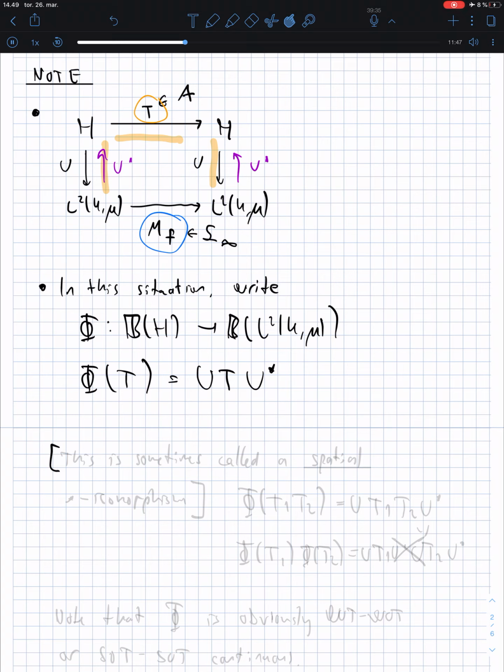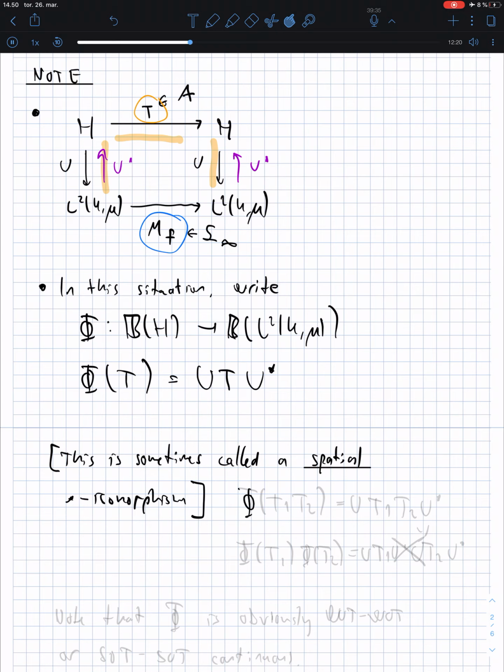So this is sometimes called a spatial star isomorphism. I mean, it's clearly a star isomorphism because it respects all the operations that we have in B of H, thinking of B of H as a C-star algebra, because U is such a nice map.